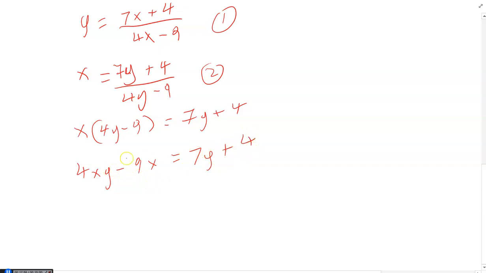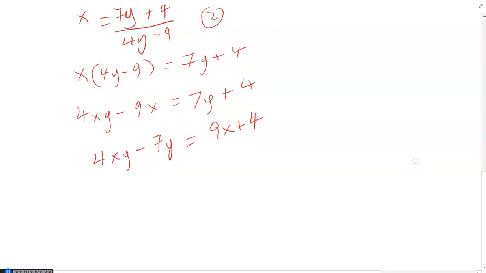Then we want to bring the y's to one side. Subtract 7y from both sides, so 4xy minus 7y, and we can add 9x to both sides, to be 9x plus 4. Then we can factor out the y from the left side. So y times 4x minus 7 is equal to 9x plus 4.